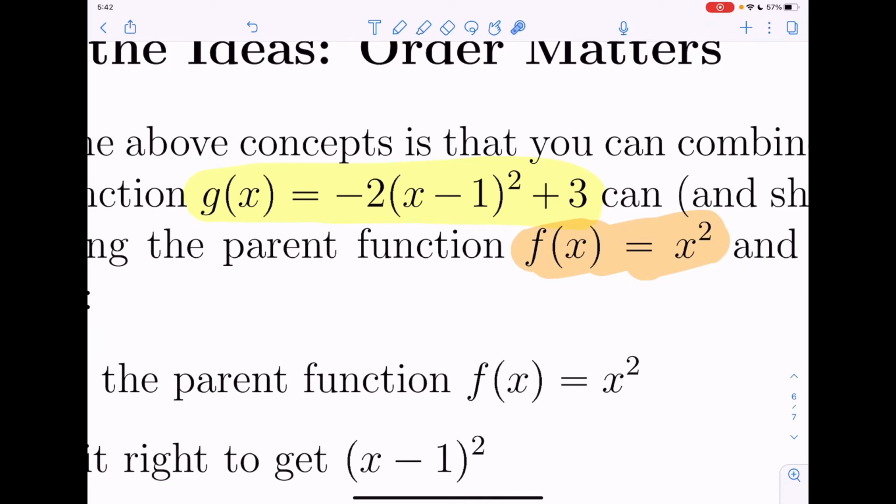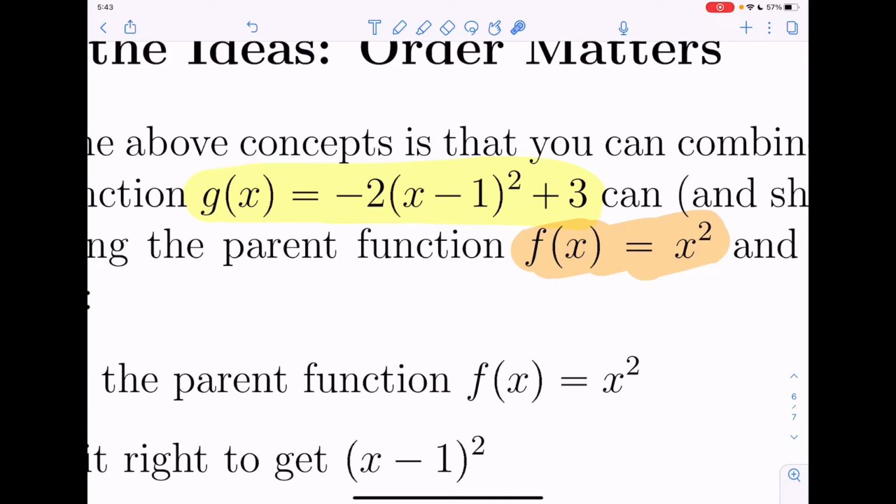It looks like I've taken x squared, I subtracted 1 on the inside, I then multiplied by -2 on the outside, and then I added a 3. And that got me this function. But each of those algebraic moves has a graphical effect.